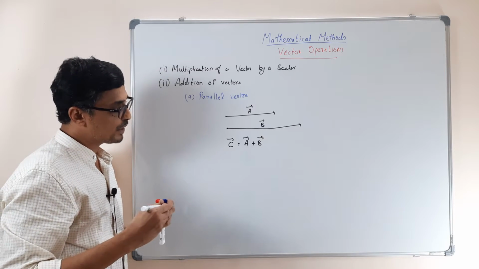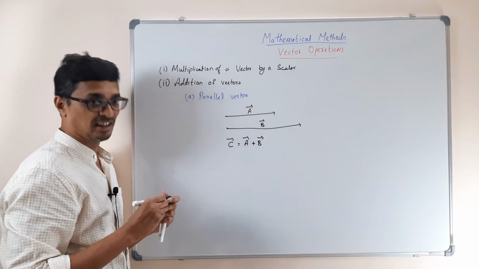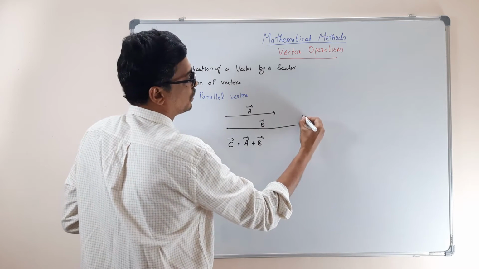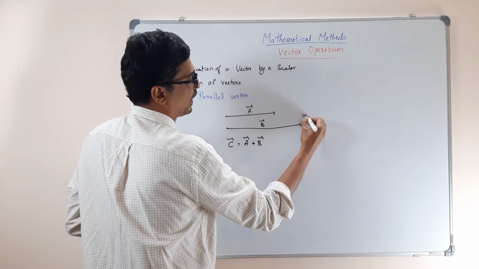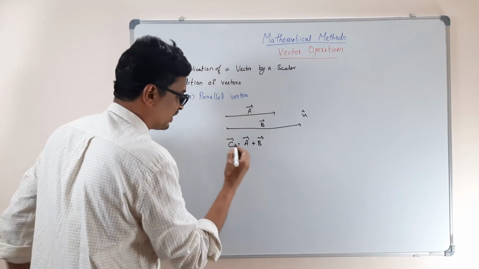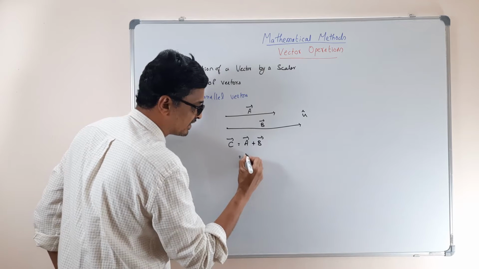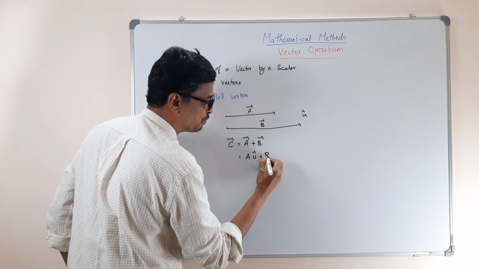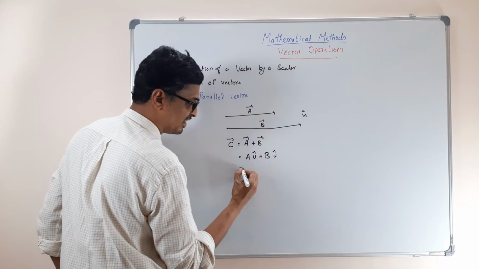Or otherwise, if I define a unit vector along this direction, let us call it u cap, then this can be written as A u cap plus B u cap, correct?